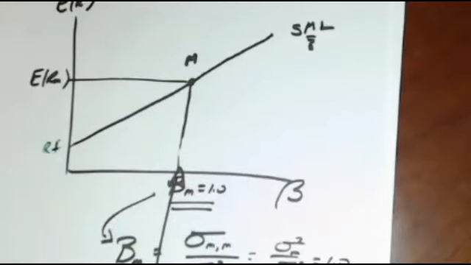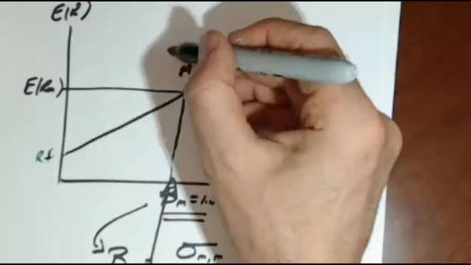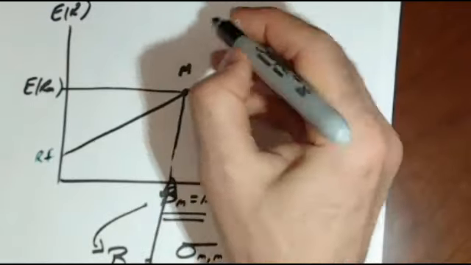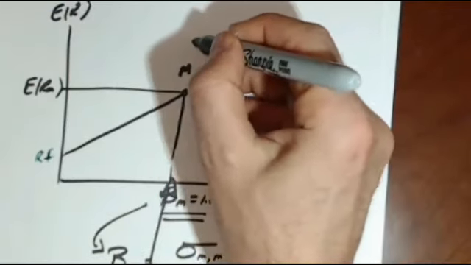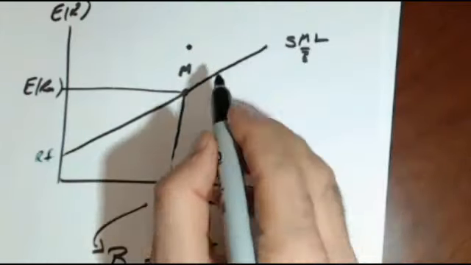Now, what you often see in the context of this graph is that if you have an expected return that's up here, for example, I'll just put a dot up here. And let's say this is 10%.